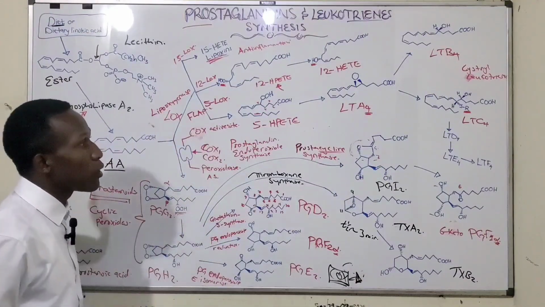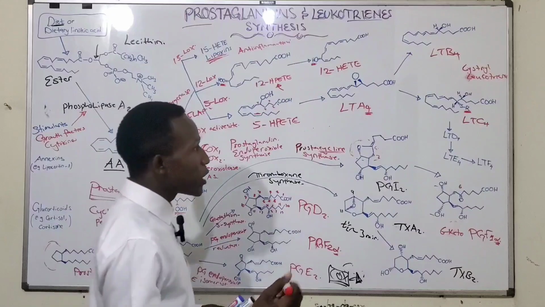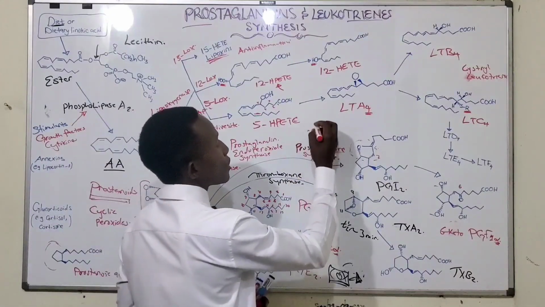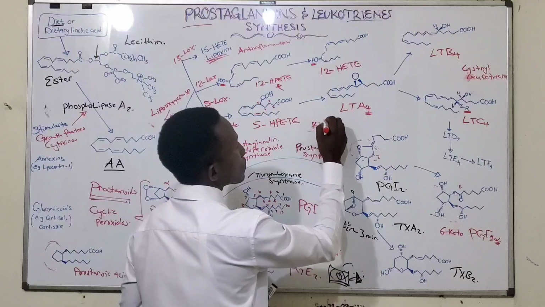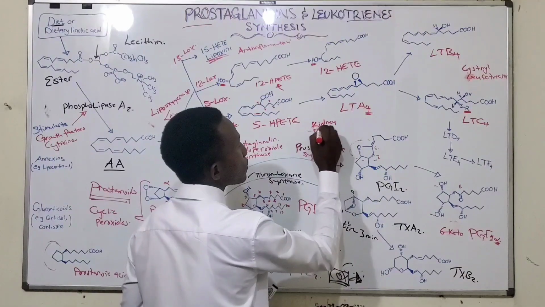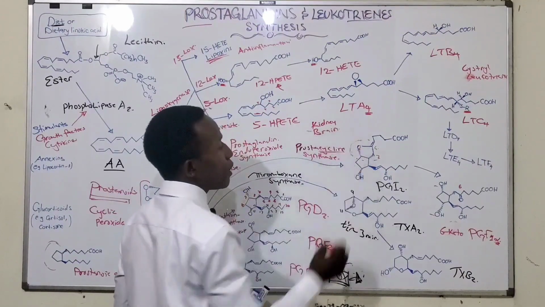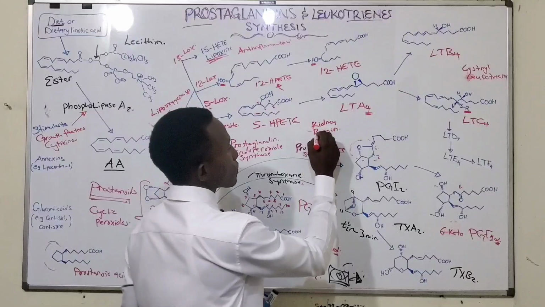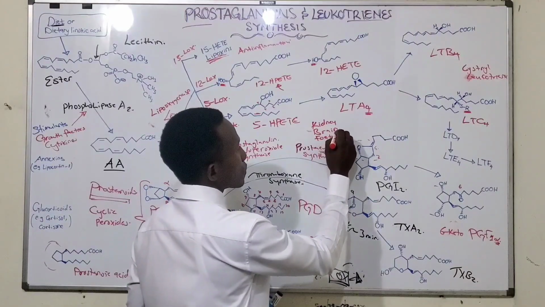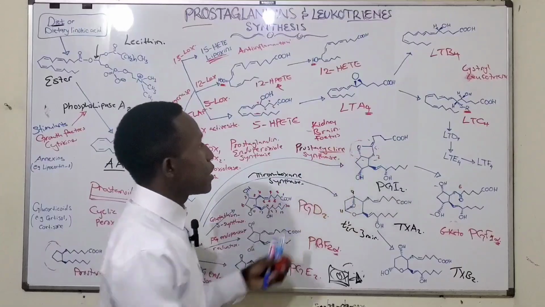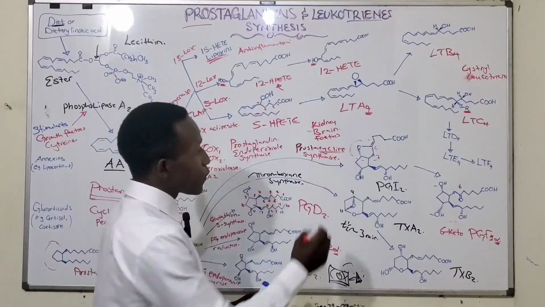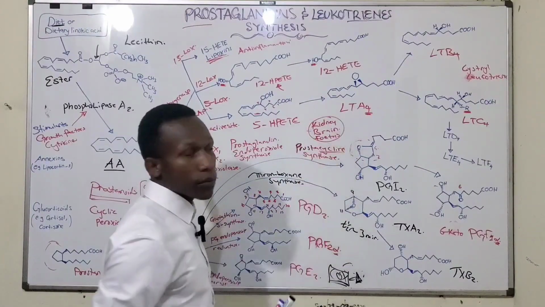But you can find that in some areas, such as in the kidney, in the brain, and in the fetus, such as in the ductus arteriosus, COX-2 is always present.